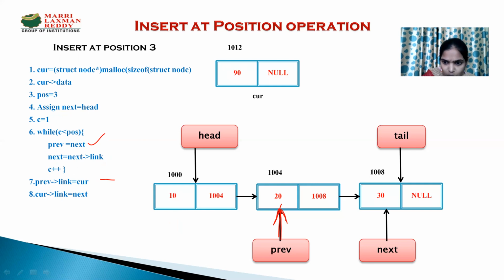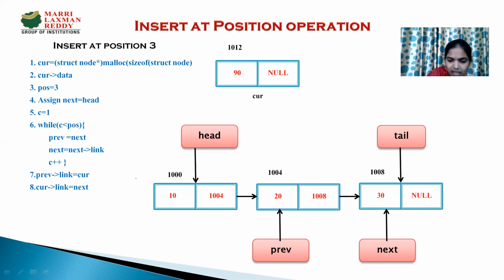Now again the next node is moved to the next node. That is next equals next link. That is, at the 1008 place, the next node is moved. Now again I'm incrementing the count. That is 3. 3 less than 3. The condition is failed. So we will not repeat this while loop.